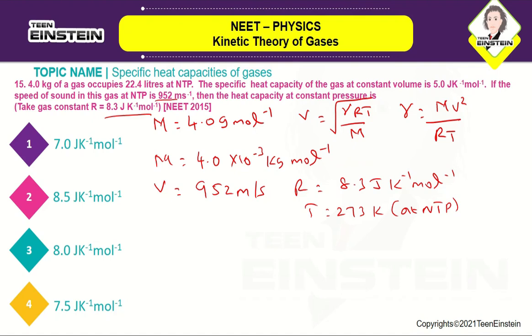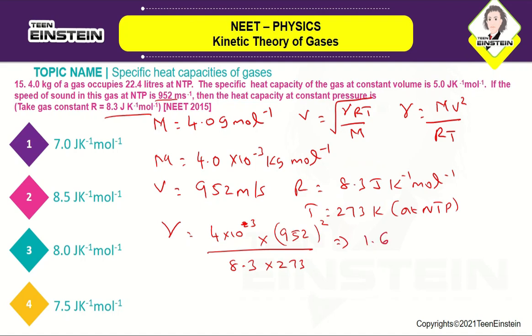Okay, so you are going to substitute it in the formula. Gamma is equal to 4 into 10 power minus 3 into 952 the whole square, divided by 8.3 into 273. So if you solve this, you will be getting the value in the range of 1.6.